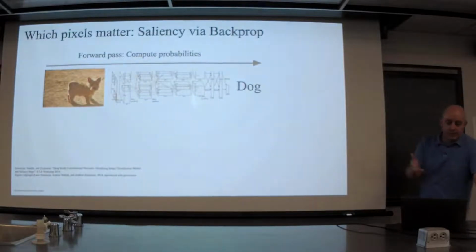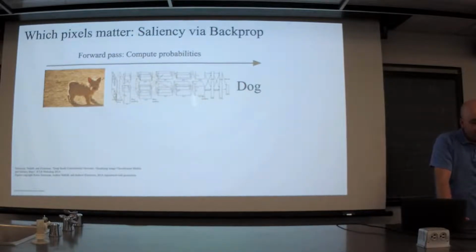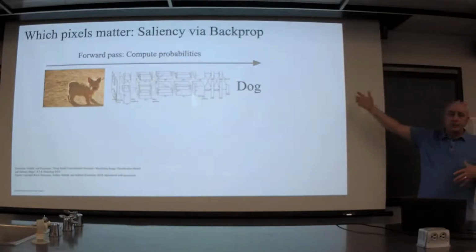So that's occlusion. Saliency is trying to get at the same idea. Saliency is trying to say which pixels were salient in the decision, in the case of classification, to choose the class that we did for this image.